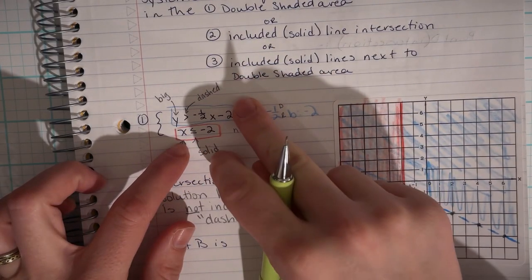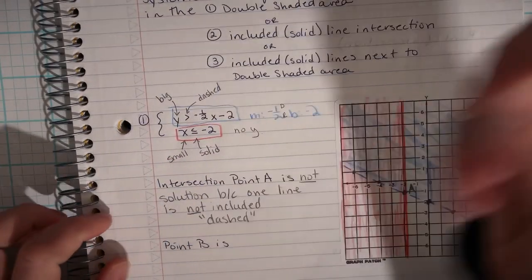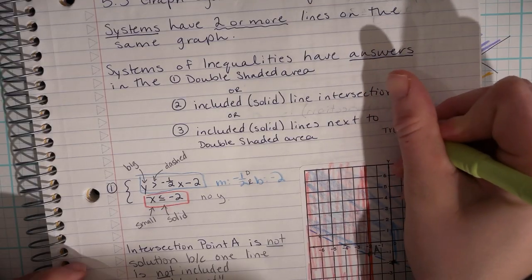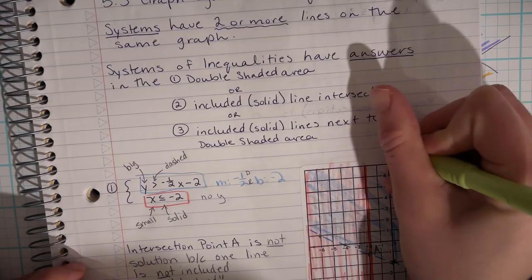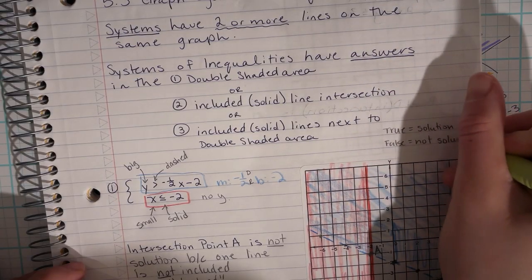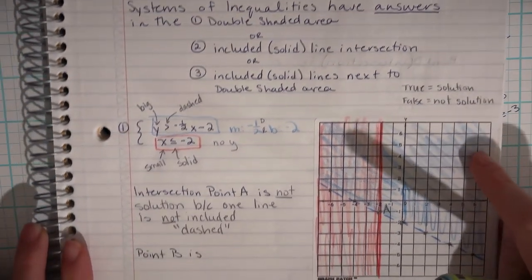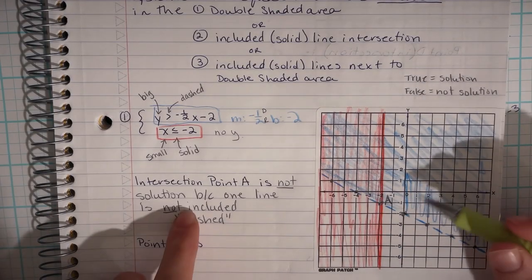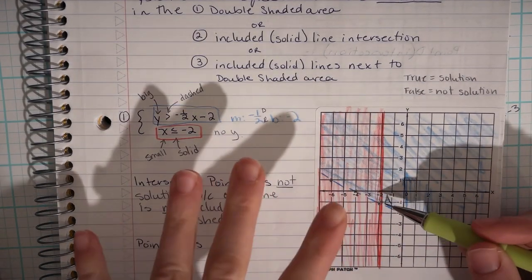It has to be true for both. Okay, and remember, I'm going to write this over here. True equals a solution, right? And if you have something false, then it's not a solution. Okay, I'm going to start using the word solution instead of true and false because we're leveling up in our math here. All right, so because it's not true for the dashed line, it's not true at all.